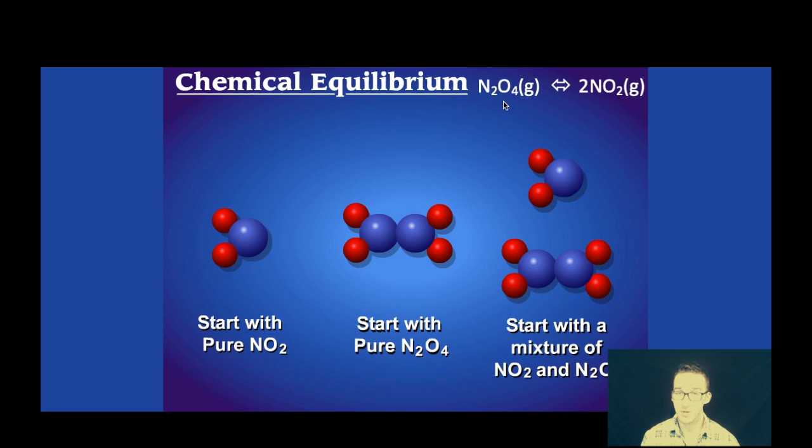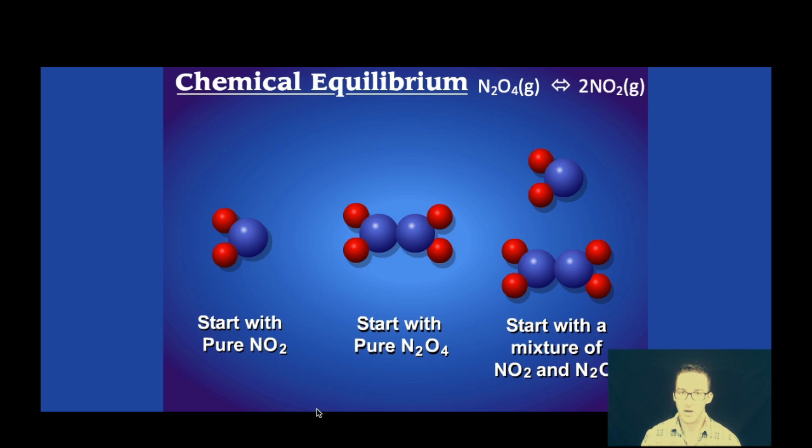All right, so we're just going to play the animation that illustrates this reaction again between N2O4 and NO2. Again, it's a reversible reaction, and we're going to start with pure NO2. So we're going to start with all of what's written as our product here. And because we're going to start with all of this NO2, we're going to initially favor the formation of our reactant molecules there, N2O4.